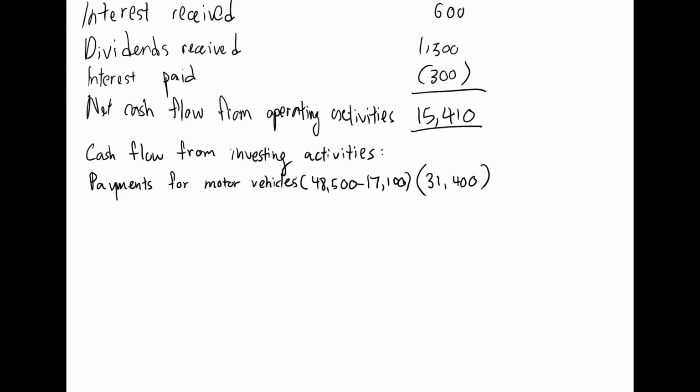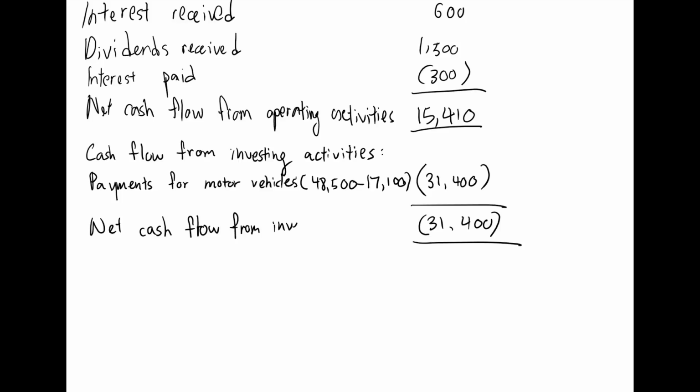When it comes to investing activities, you only need to record the payments for motor vehicles in this question. So there's only one item. So 31,400 will be your net cash flow from investing activities.